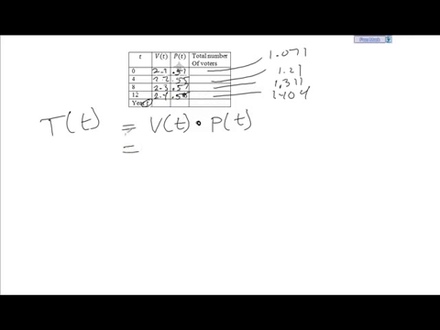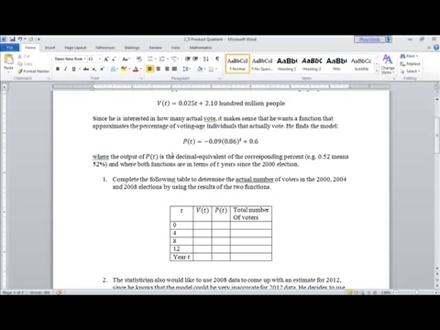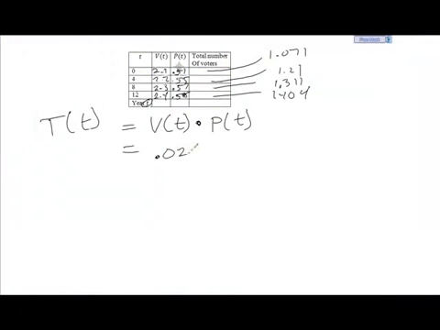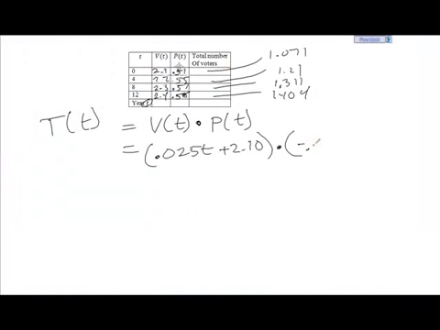Well, we know that the number of people who can vote is given to us by the function back here, 0.025t plus 2.1. Now I'm doing it symbolically, so this is what we would plug t into, and then we would multiply that by the output from the percentage function. So negative 0.09 times 0.86 to the t plus 0.6. So there would be our function.